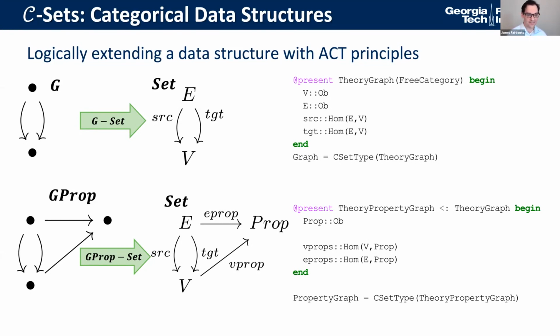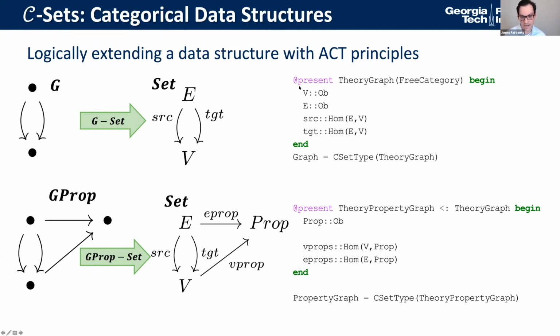So the example here that's really popular is graphs. So if you take this category G that has 2 objects and 2 parallel morphisms, G-sets are graphs. So this object becomes the edge set, and these are the source and target relation functions. So for every edge, there's a source vertex and a target vertex.